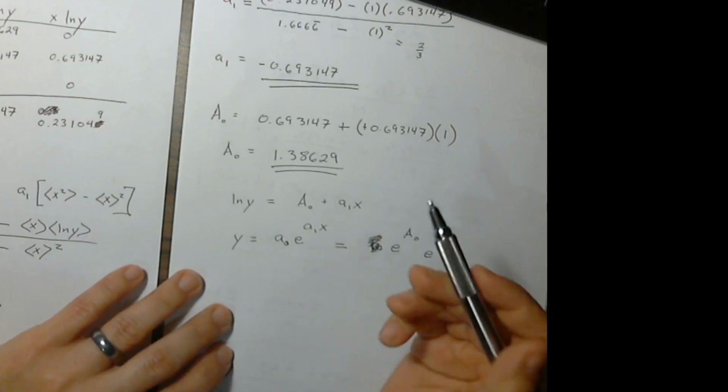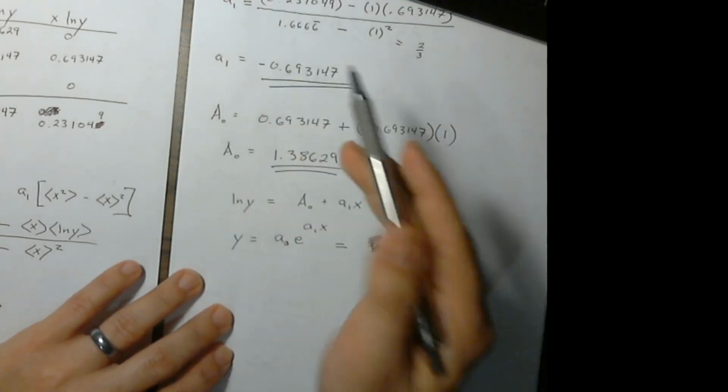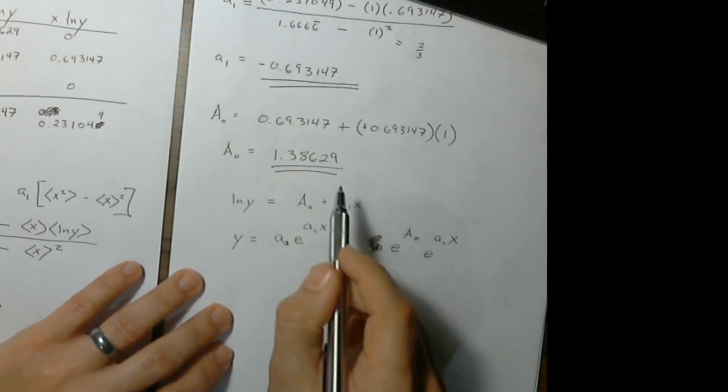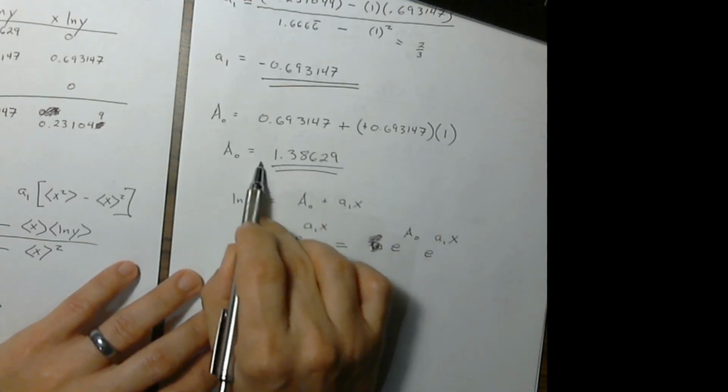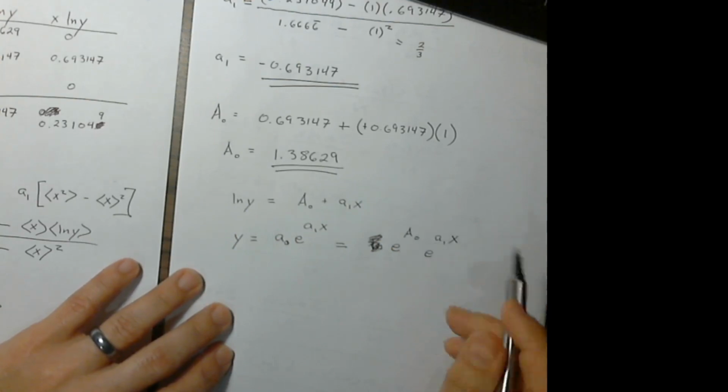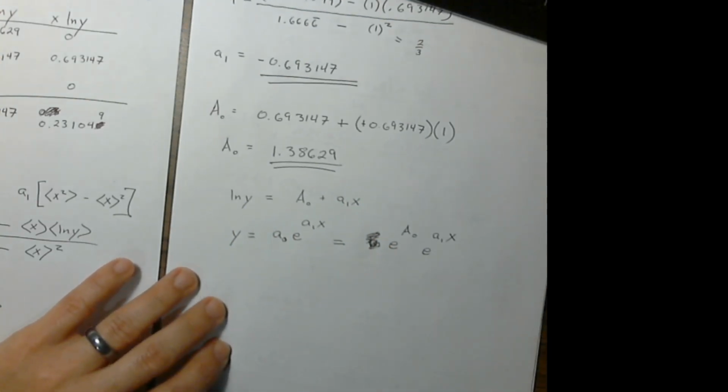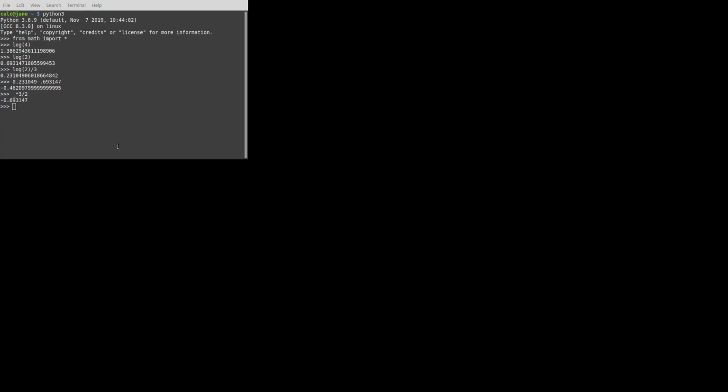So A1 we've got already. That's this number, whatever it means. We'll figure that out in a moment. But this number is going to turn into something very simple indeed. So let's find out what. The exponent of 1.38629. Well, look at there.